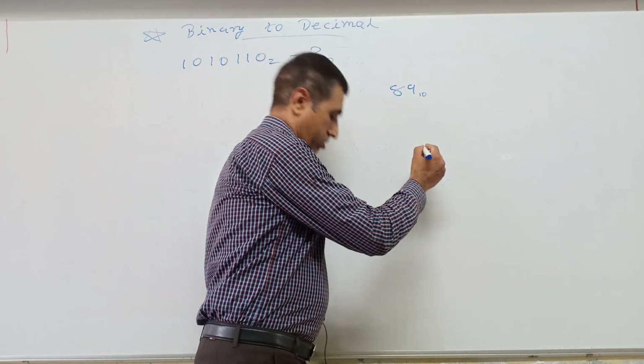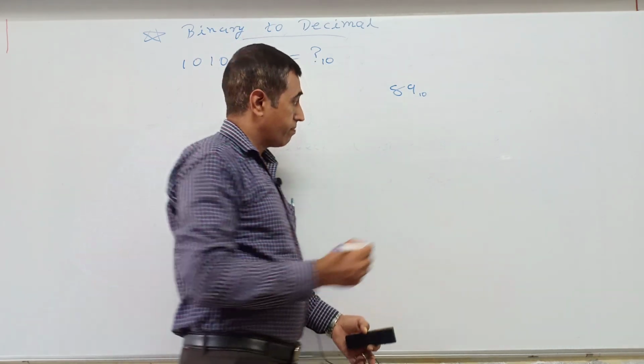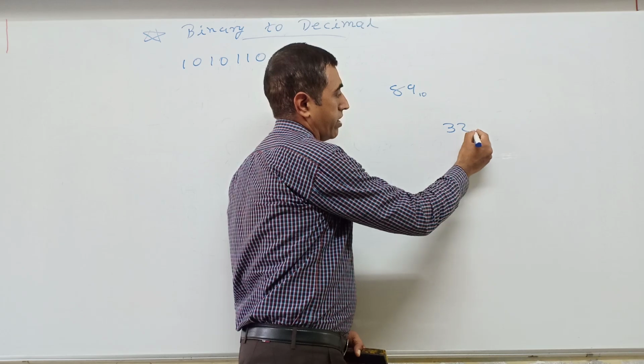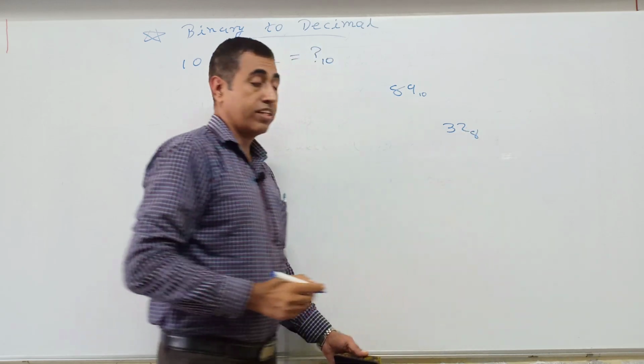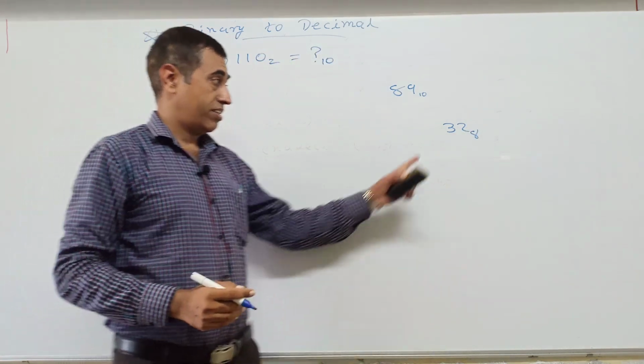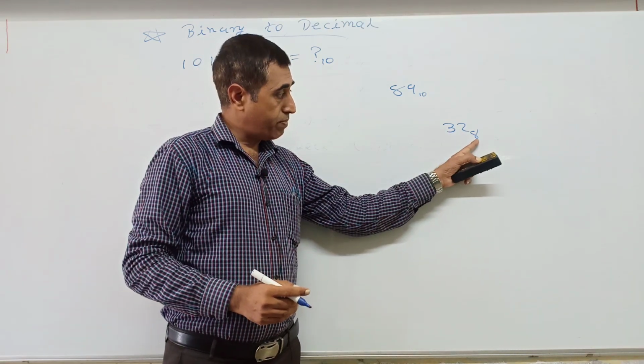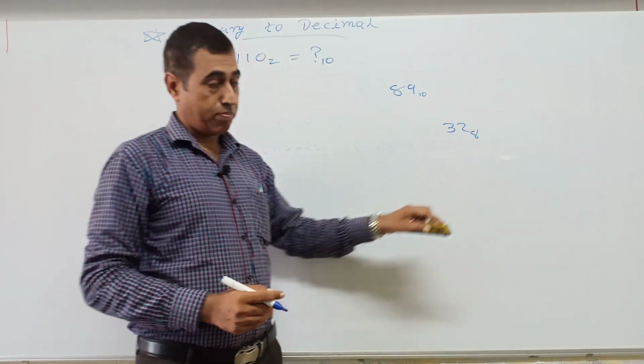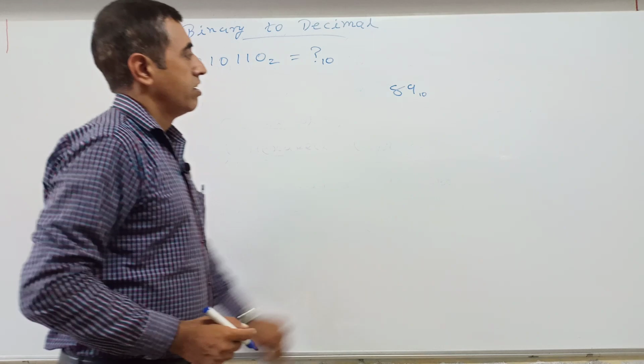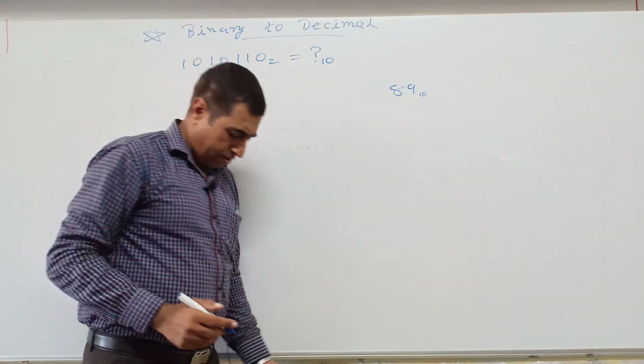Now suppose 32 is written, but here if it is written 8, then this is octal number and not decimal. So here the base is given, whatever numbering system is there. So suppose 89 is there.